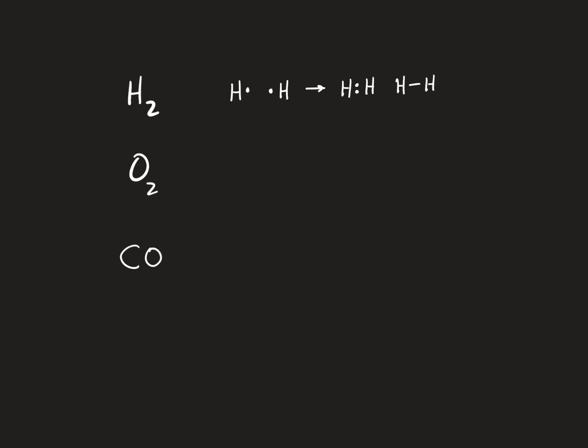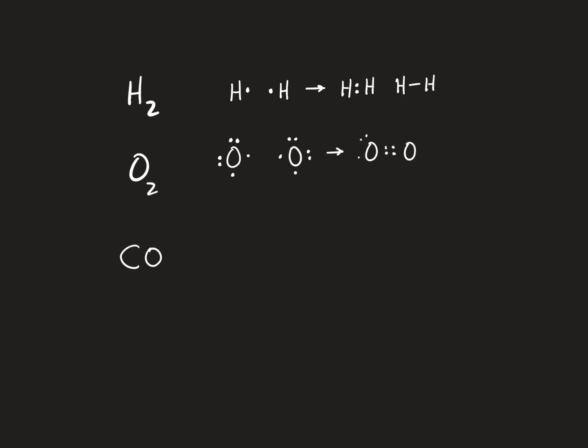What about oxygen? So diatomic oxygen. Here's oxygen. By the way, when I say diatomic, di means two, okay? All right, these two are going to come together to form a covalent bond, actually a double covalent bond, sorry.